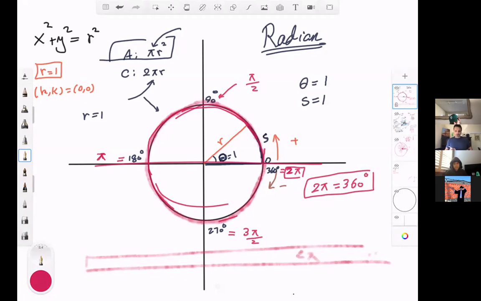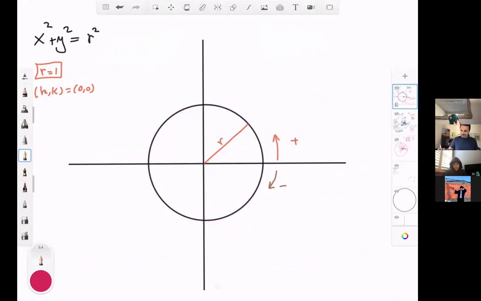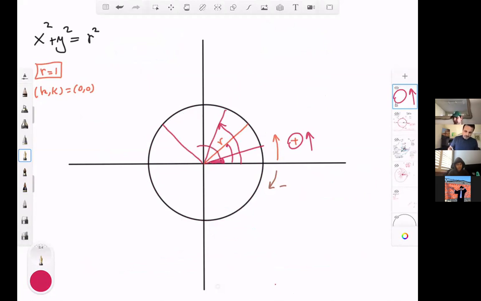I think that's enough for today. So what we learned today, I'm going to write again. We read this circle with this direction as plus, the other one as negative. We're going to have different angles here, correct? Those are angles. The minimum in the circle is 0, then we get to 360 degrees.